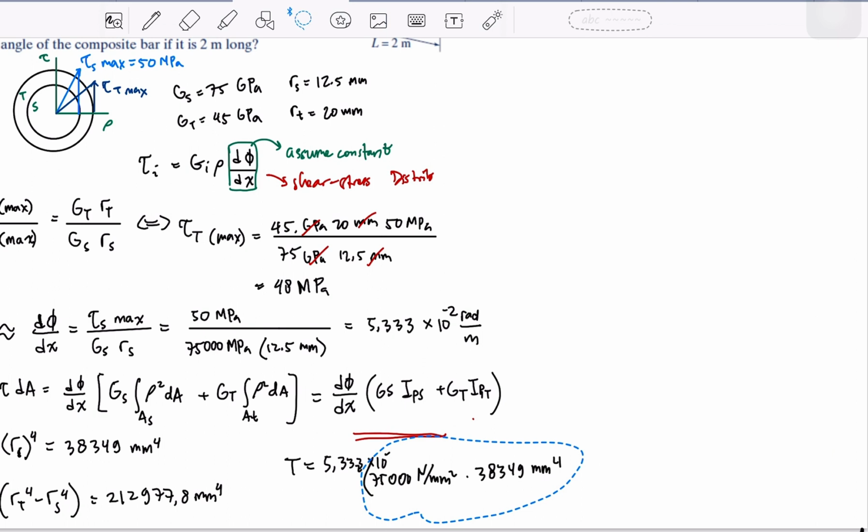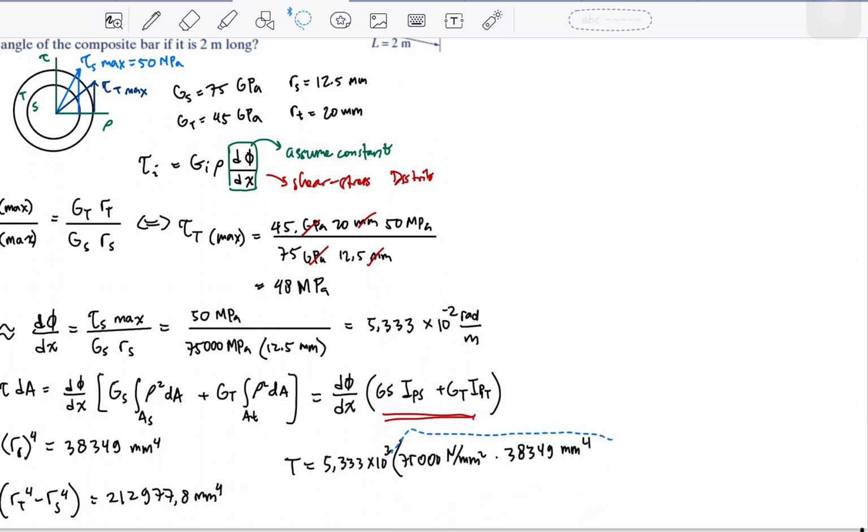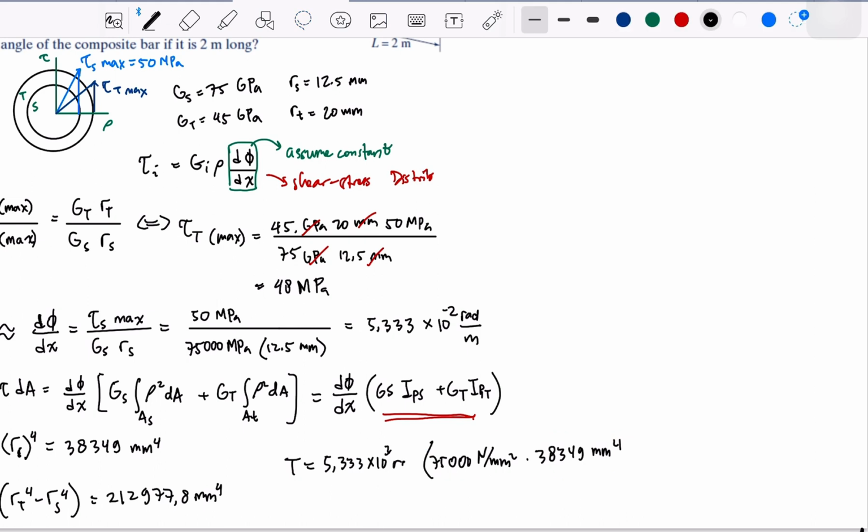I need to take this side here. This is rad over meter.